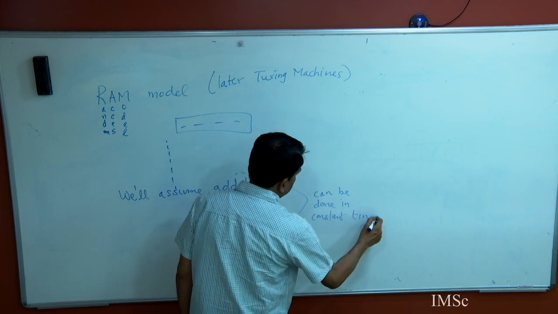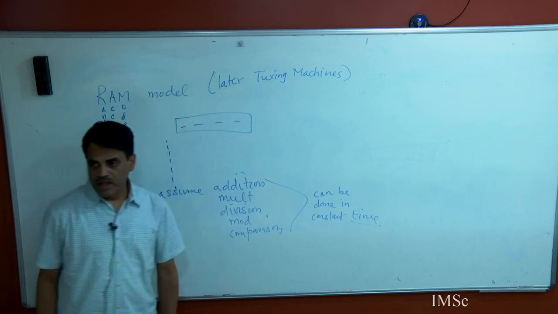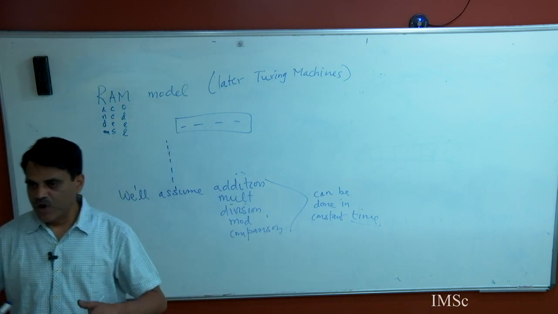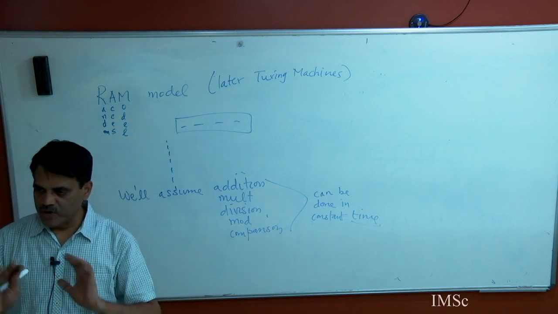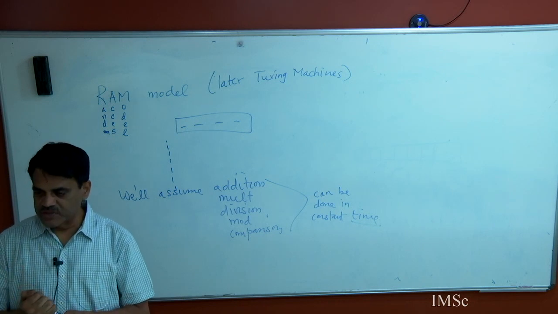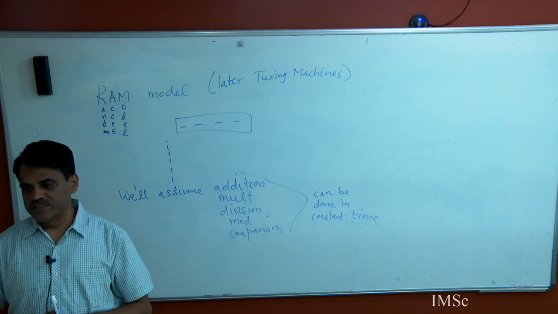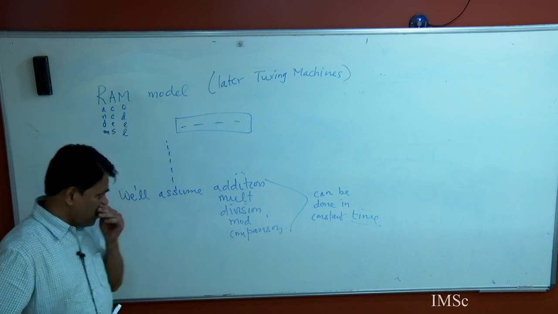So when I say time, I mean the number of steps, some constant like 5, 10, 3, whatever, which doesn't depend on the input size, and that's how I'm going to measure the running time of the algorithm.